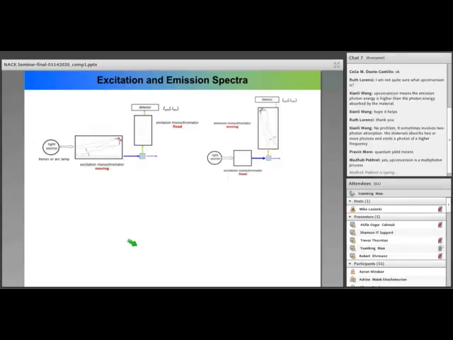And then for the emission spectrum, it is the opposite. Now the emission monochromator is the moving part, so we use a grating to change the emission wavelengths, and the excitation is fixed. Then we use a detector to get the emission spectrum.